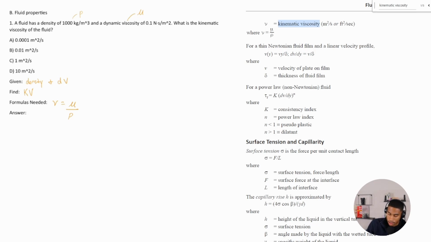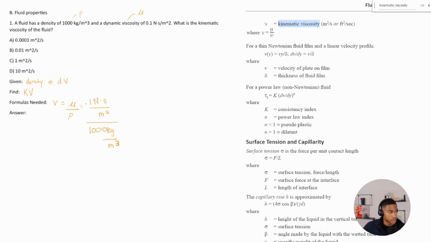So if I have, this equals 0.1 Newton times seconds over meters squared, all divided by, so that was our mu, all divided by our density, which is 1,000 kg per meter cubed.